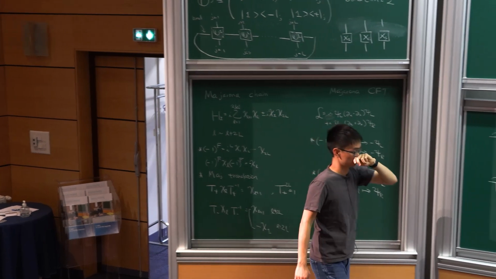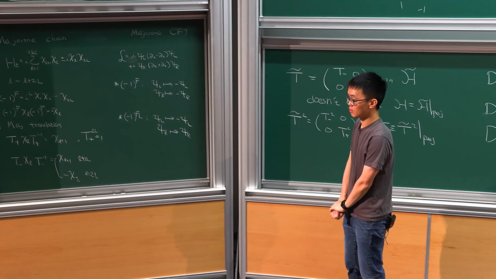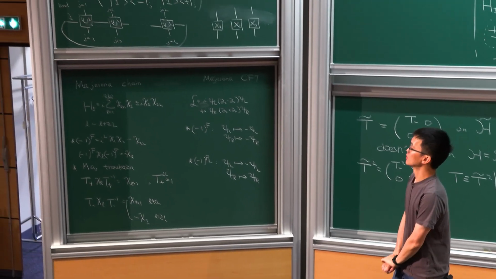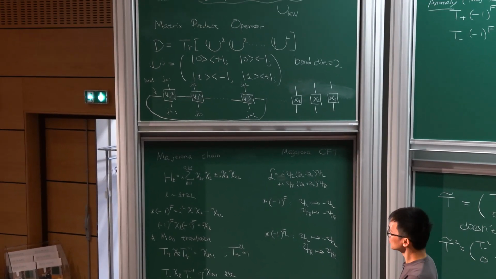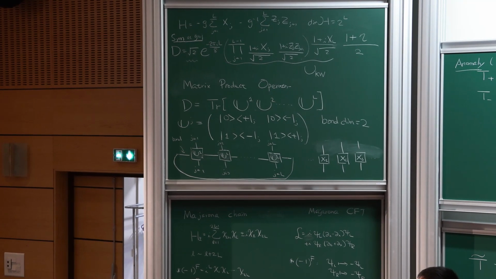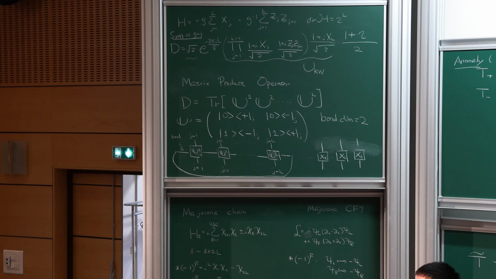Okay. Related question. Yeah. Is there any interpretation of the horizontal legs in the continuum limit? I think the intuition is that, as you know, the Kramers-Wannier symmetry corresponds to gauging a Z2 symmetry. So the horizontal legs are kind of like the gauge fields introduced.